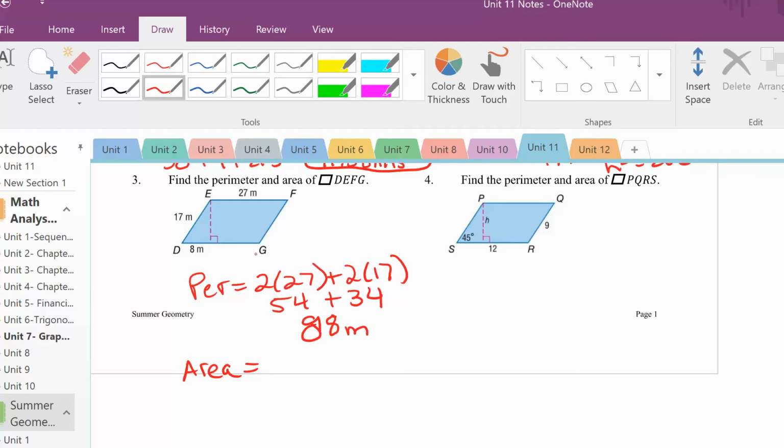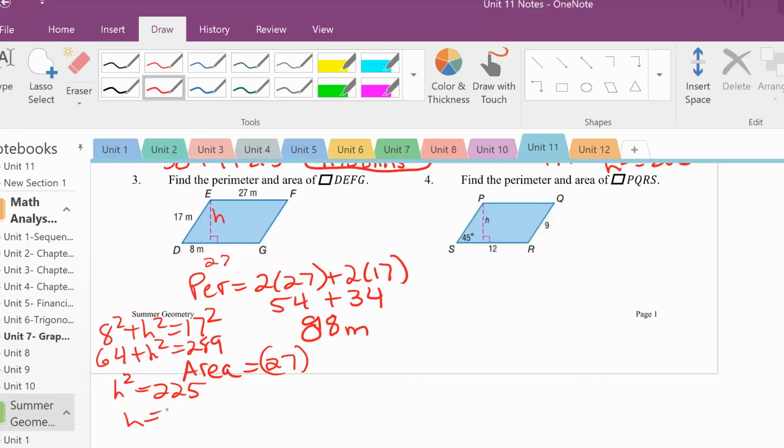So the base would be 27 here. And the height is what we want to find. And so we go 8 squared plus h squared equals 17 squared. 64 plus h squared equals 289. Subtract 64 and you get h squared equals 225. So that means h equals 15. So 27 times 15 gives you 405 square meters for the area.